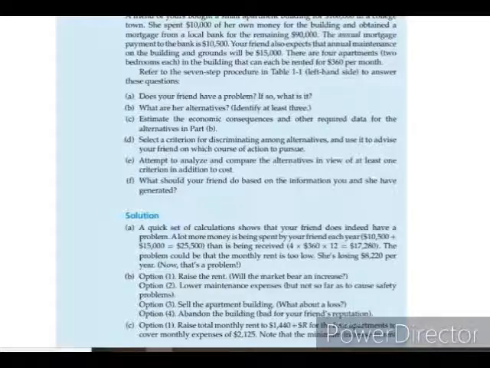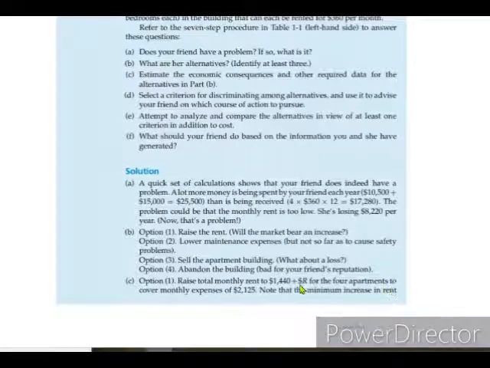Okay, so next option 3, sell the apartment building. Okay, so he can sell the apartment building, but what about the loss? Okay, will he get back his money of investment? So option 4, abandon the building, bad for your friend's reputation.